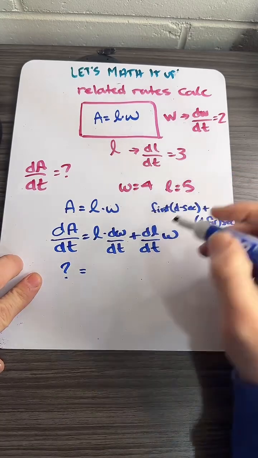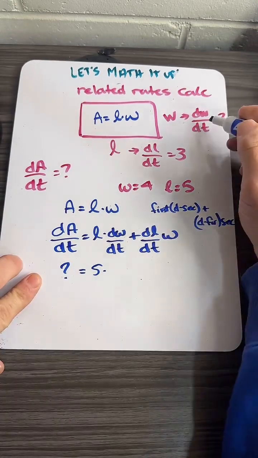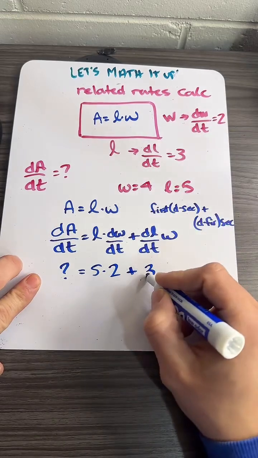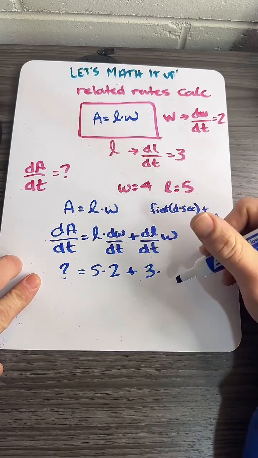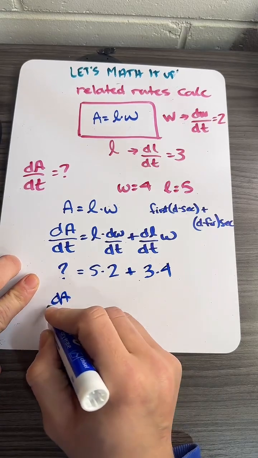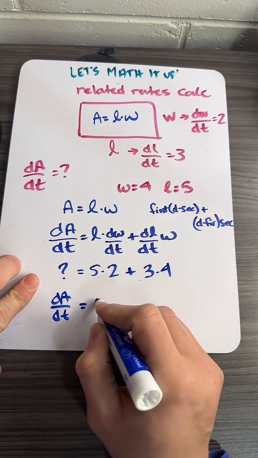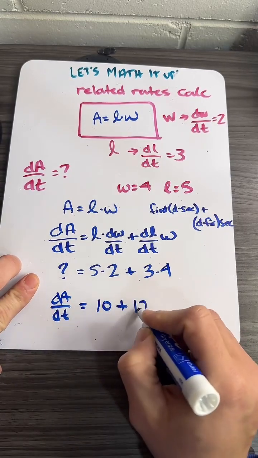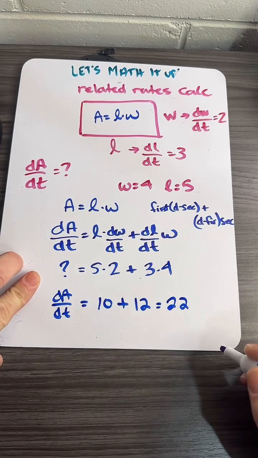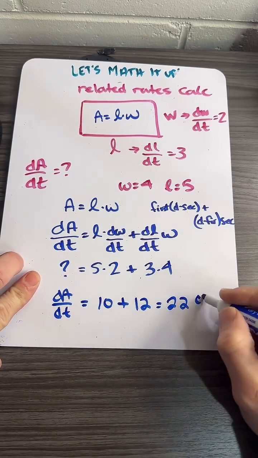I know the length is 5 at this given moment. I know my dW/dt is 2. I know my dL/dt is 3. And I know my W is 4. So my dA/dt equals 10 plus 12, which is 22. Looks like we're in centimeters per second.